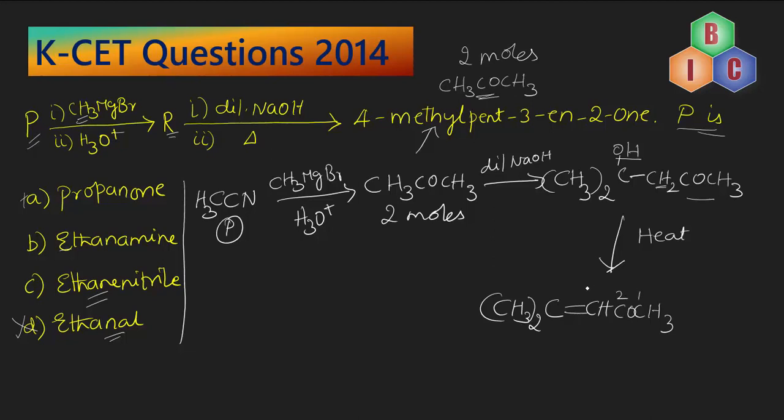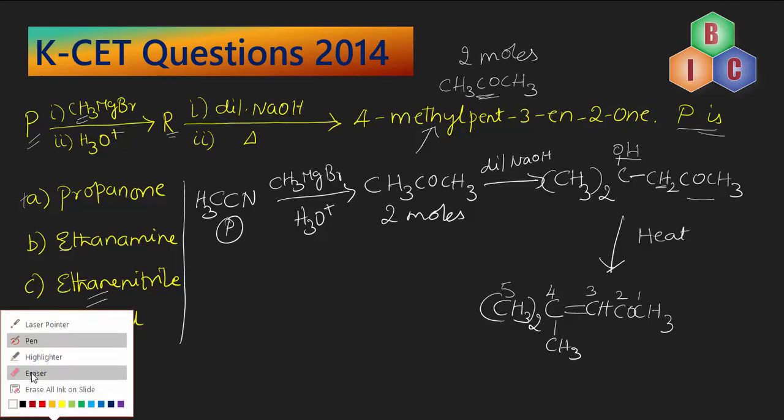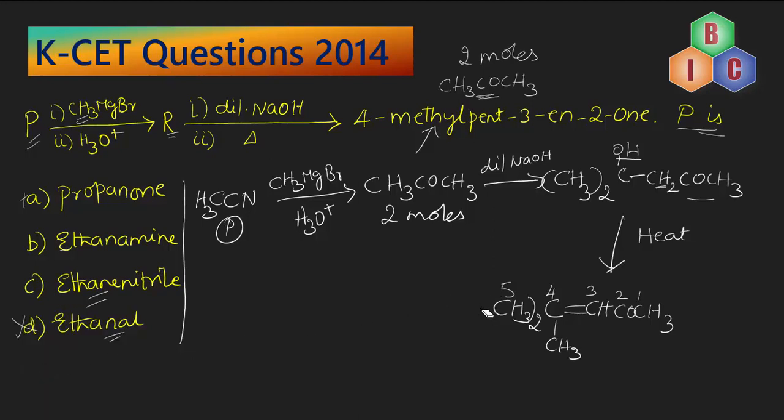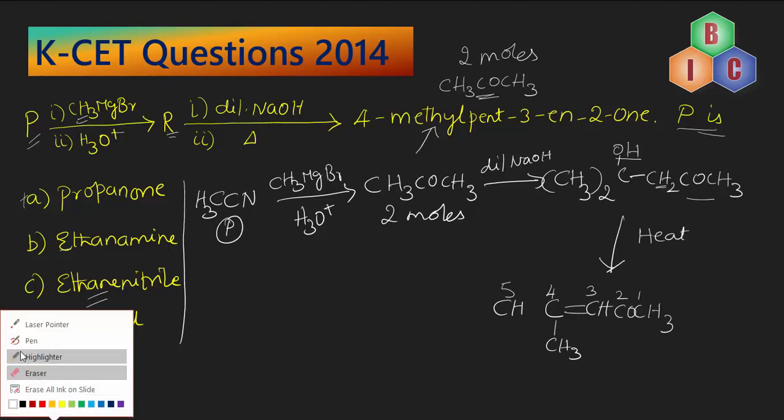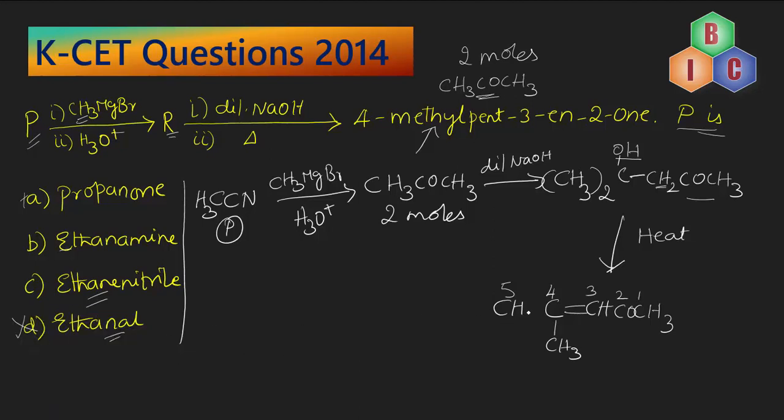1, 2, 3, 4 and 5. One methyl is linked as a side chain. I will make a small change in the structure which I previously wrote. So CH3.